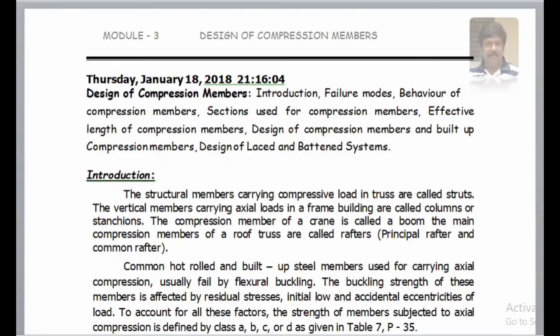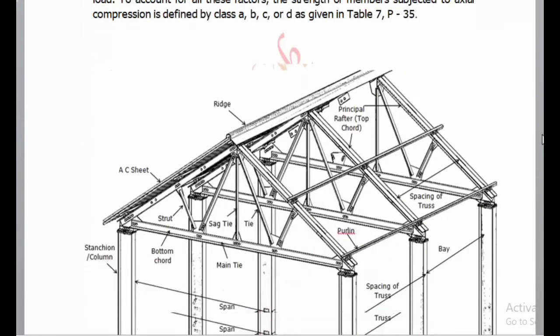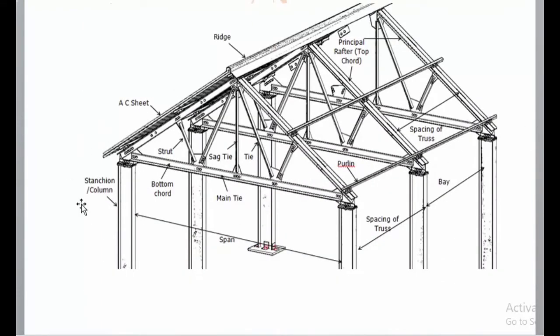If you look at this figure, the roof truss, some of the members will be subjected to compressive forces and some of the members will be subjected to tensile forces.